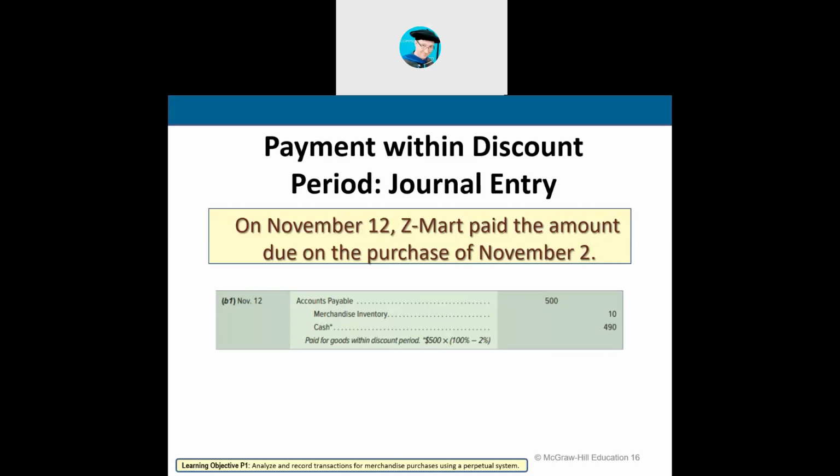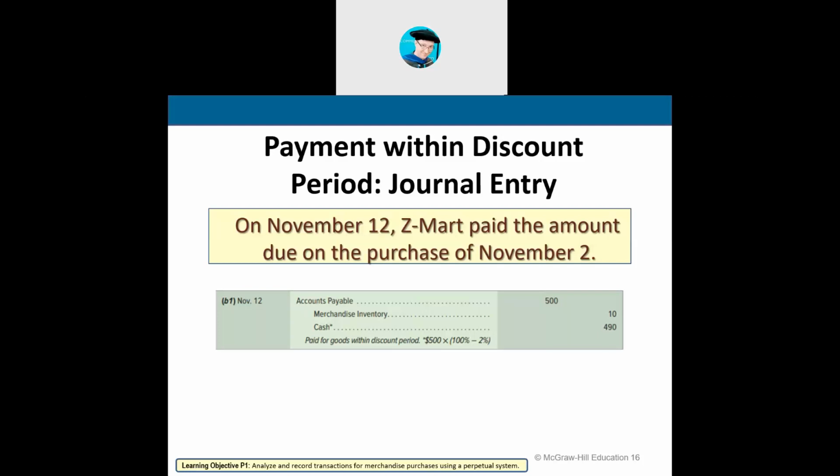Remember, the invoice said that if I pay this within the first 10 days, I can get a 2% discount. So let's do that. Hey, listen, any discount's a good discount. 2%, I'll take it. So let's figure out how we're going to pay this with the discount.